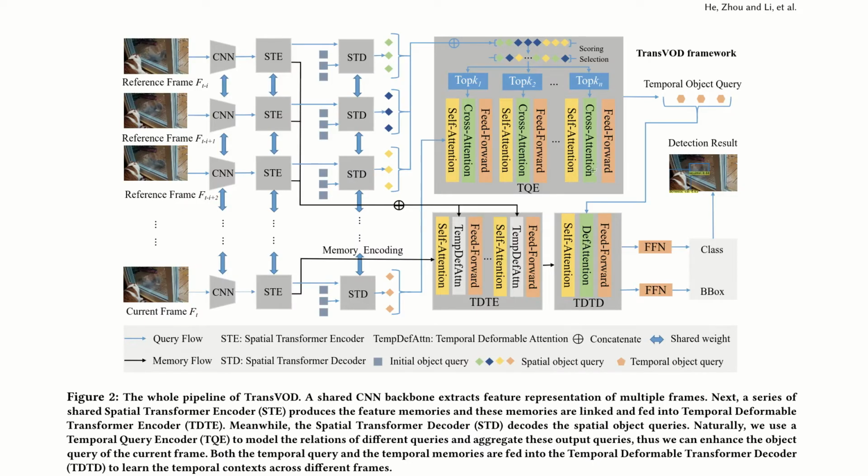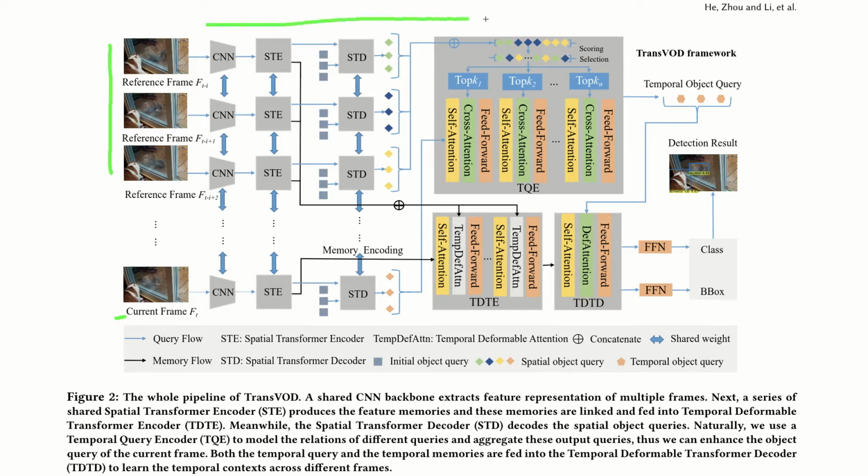So to get a deeper understanding of the architecture, we look now into this figure 2. On the left side we have frames of a certain scene. So we have here multiple frames at different time steps and a current frame.